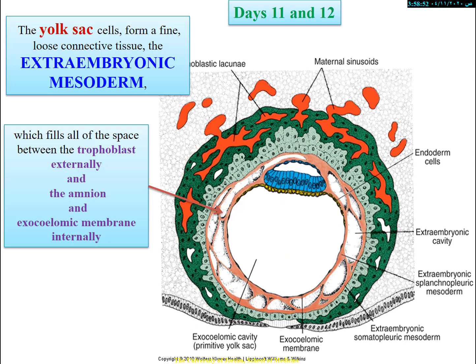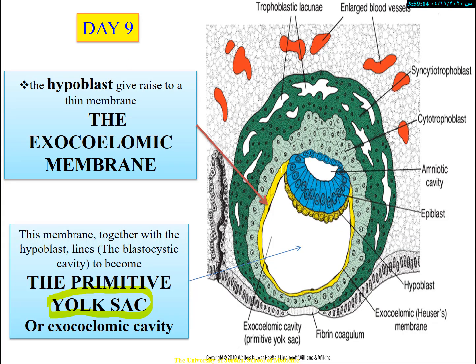Now, the yolk sac cells form a fine loose connective tissue, the extraembryonic mesoderm. Now, I understand that these are new names, but you have to memorize them, as we will explain them later on. So what I am saying in this slide is that these cells migrate from the hypoblast, the exocoelomic cells here, and they would form the extraembryonic mesoderm.